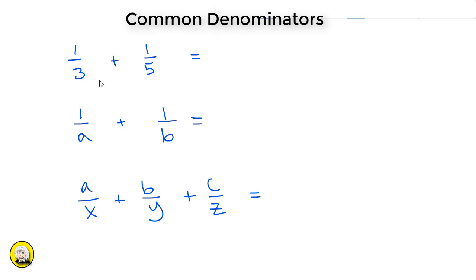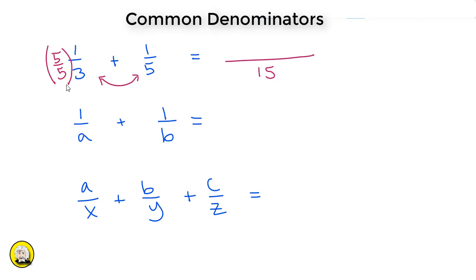For example, 1/3 plus 1/5, I need to find a common denominator. And one common denominator I can always find between two fractions is the product of the two denominators. In this case, 3 times 5 or 15. And the way I might do that is I would multiply by 1 for each term.